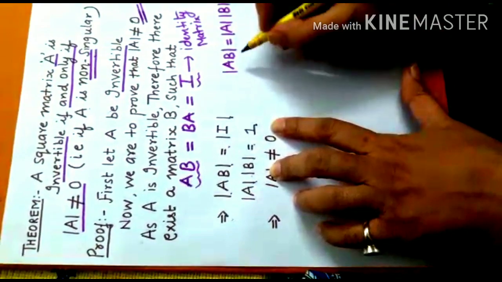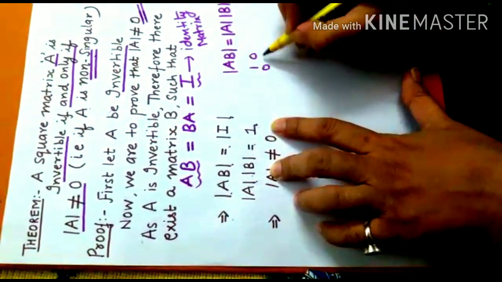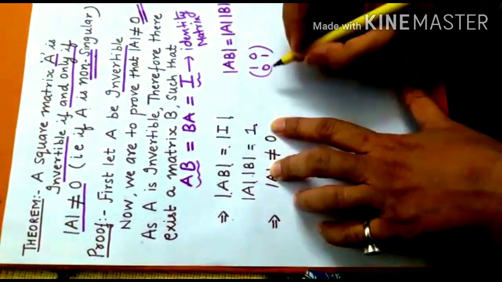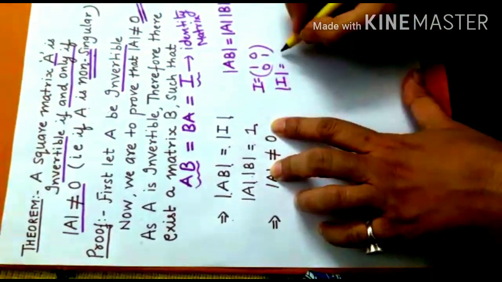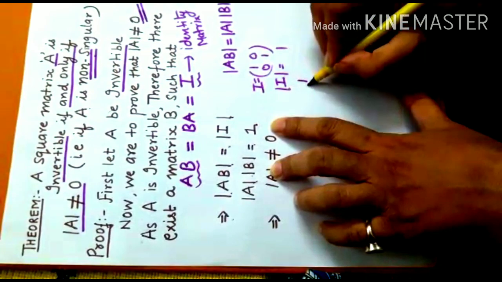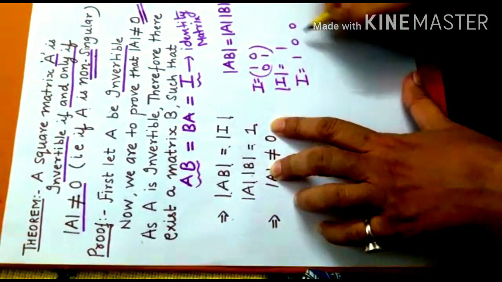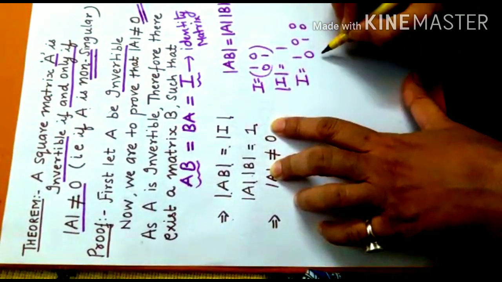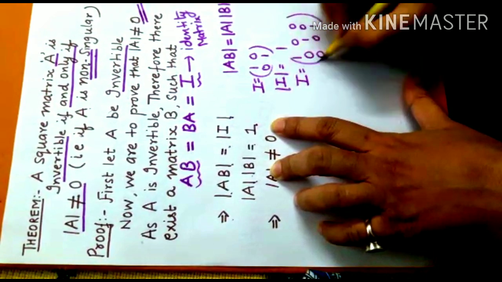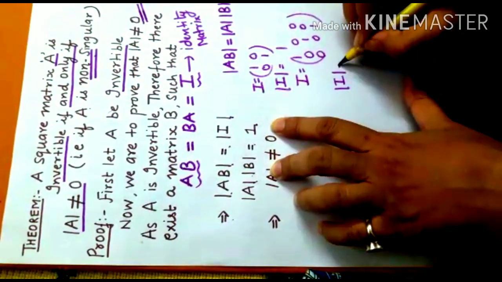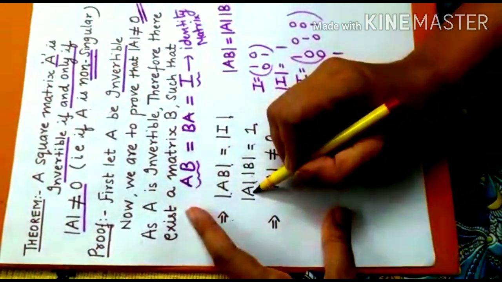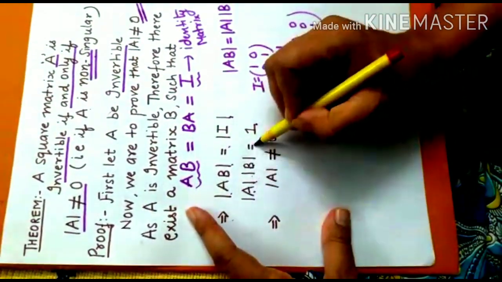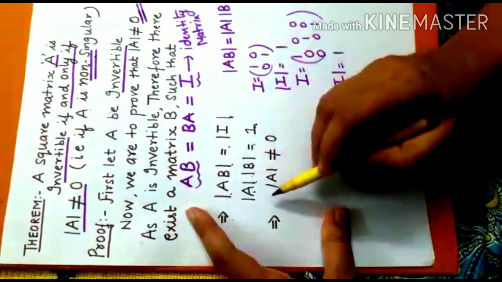You can check. Suppose I take the identity matrix of order 2. So in this case, determinant of I will be 1. If I take I to be identity matrix of third order, again its determinant will be 1. So we have determinant A into determinant B is equal to 1.